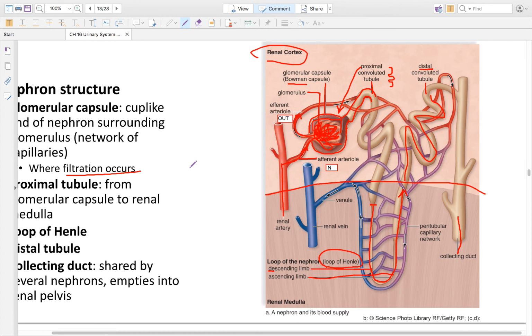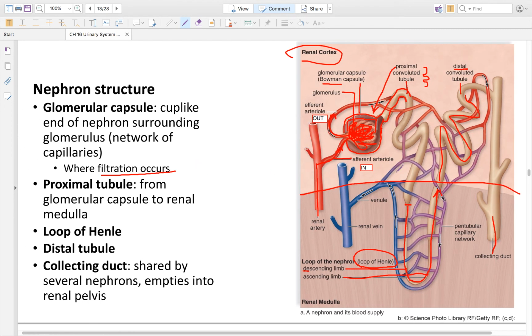Okay, the only thing I want to say about the collecting duct is see these little branches sticking out? Okay, they're not branches. They actually connect to other nephrons. So several nephrons will dump into the same collecting duct, and then that collecting duct is going to connect to the renal pelvis, which connects to the ureters, and then urine is out.